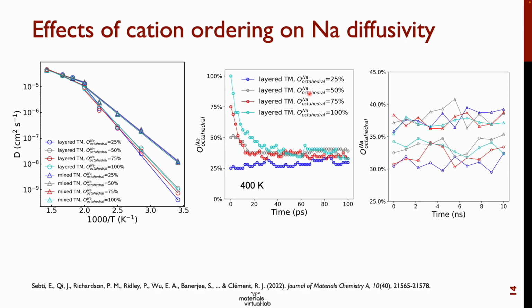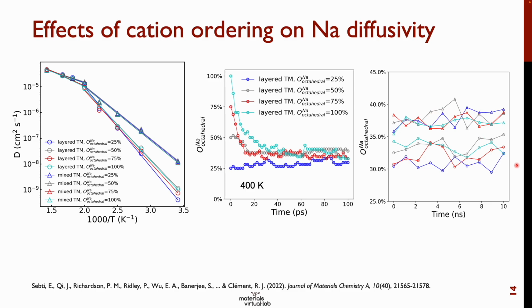So we further look at the equilibration of the sodium octahedral site occupancy. You can see that here, for the triangle labels, they constantly have a higher sodium octahedral site occupancy. So this tells us that the four samples with mixed transition metal site ordering for the yttrium zirconium actually have a constantly higher converged sodium octahedral site occupancy.